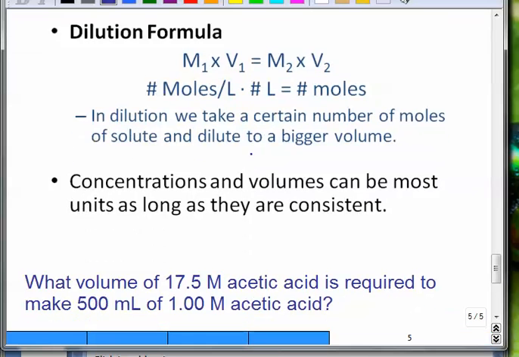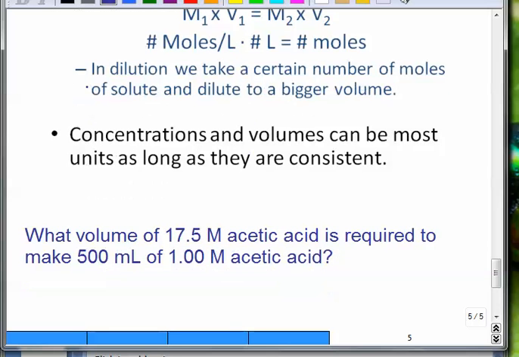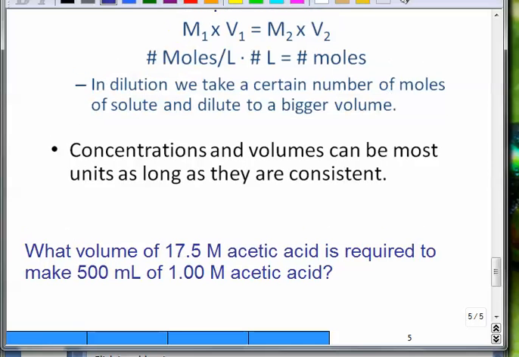Okay, we basically are saying that because the number of moles does not change and the volume increases, we can calculate these. Now, the units that we use actually don't really matter as long as we are consistent. For example, the M here, representing molar concentration, doesn't have to be molarity.